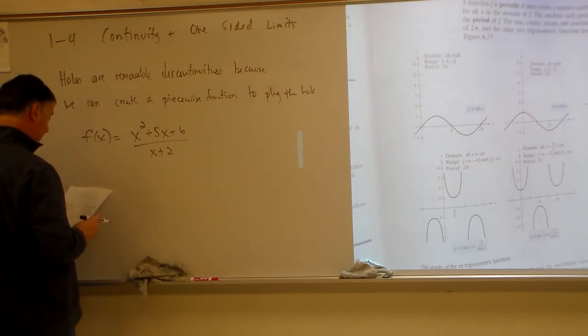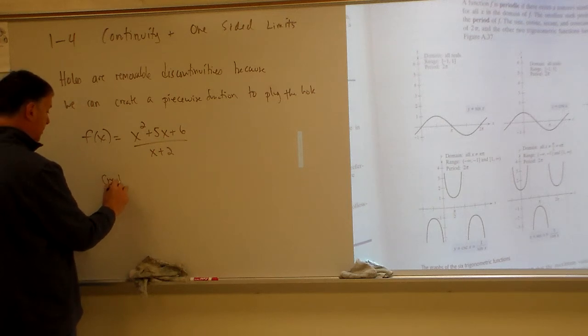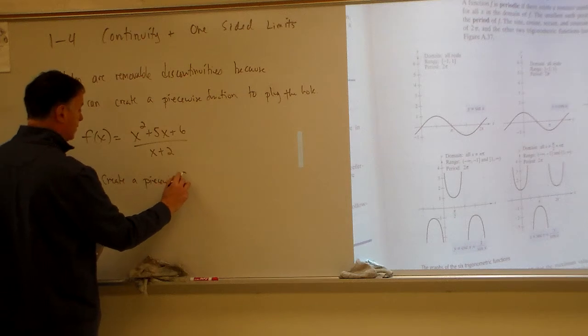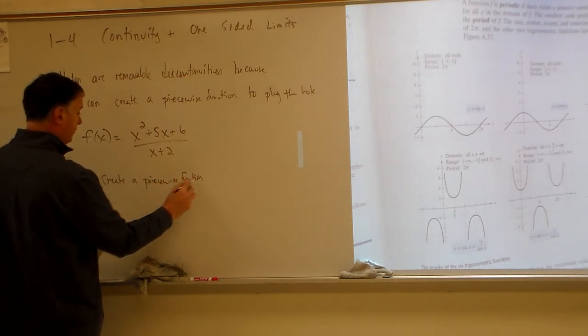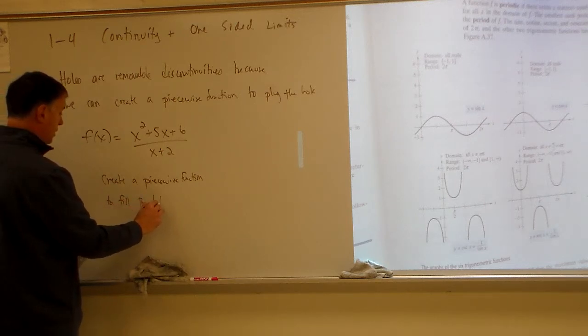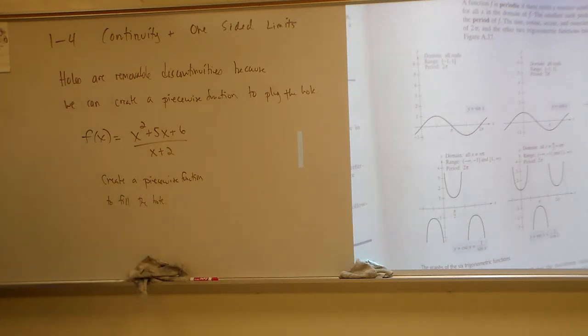And I'm going to say something like, create a piecewise function to fill the hole. Okay? Work your magic. Use mine as a guide. I'll start in a minute for those of you that aren't brave enough to do it on your own.